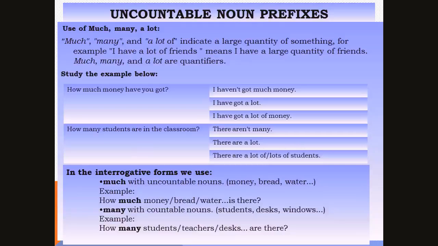In the interrogative forms, that means whenever we are questioning with countable and uncountable nouns, much with the uncountable noun and many with the countable noun. Like you can see how much money, bread, water, how many students, how many teachers, and the like.